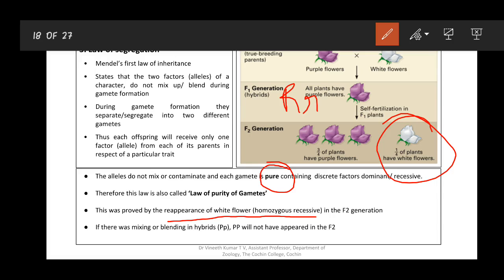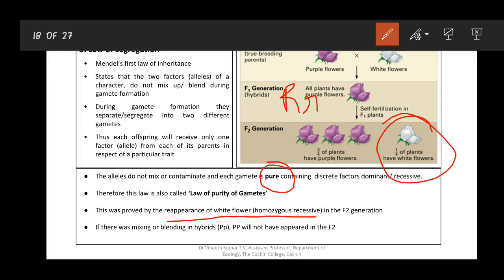So by this particular law of segregation, Mendel tried to prove two things. One is that he was reproving the law of unit factors, in the sense that he proved that there is no blending, and because there is no blending, it can be proposed that these particular factors remain as discrete molecules.